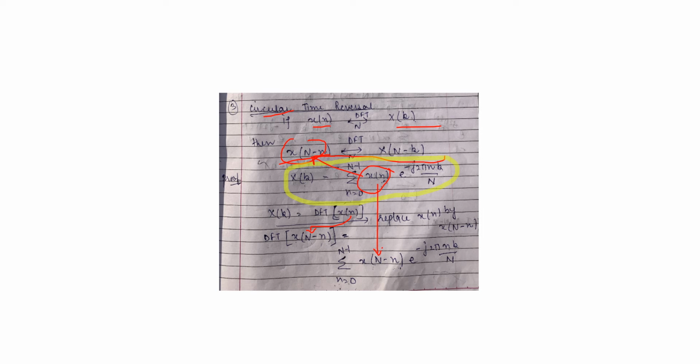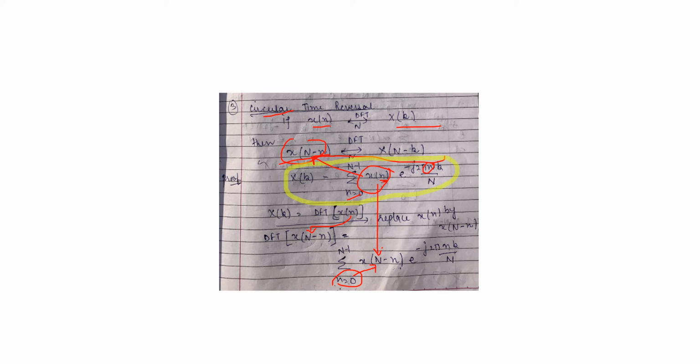Now see in this formula, here is x of n, and the limit of this n is from 0 to N minus 1, and we write here also n. So in this we replace x of n by x of N minus n. So we have to change this limit, and also change this n in terms of x of N minus n.